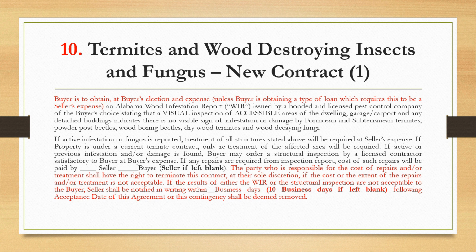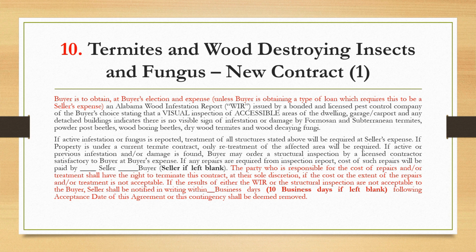So we didn't think it was a terribly significant issue, because we really couldn't decide on a fixed percentage or a fixed dollar figure that would be applicable across the board as far as a cap, meaning if there are repairs up to 2 or 3% of the purchase price, then the seller or buyer would be obligated to pay that amount in repairs.